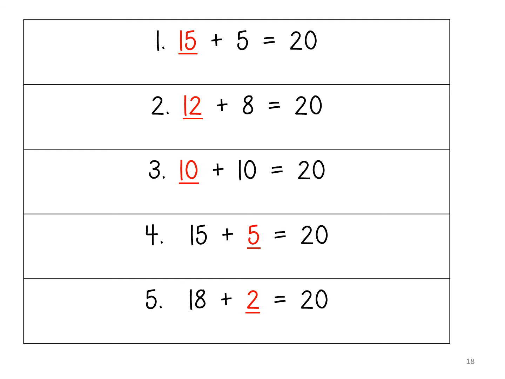So number 4, we are taking 20 and now we are minusing 15 to see how we got our answer. So 20, 19, 18, 17, 16, 15, 14, 13, 12, 11, 10, 9, 8, 7, 6, 5.